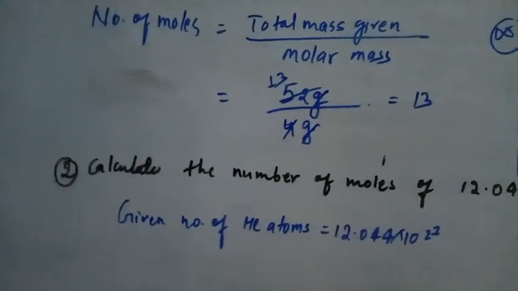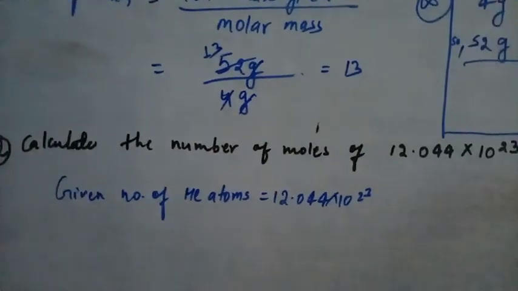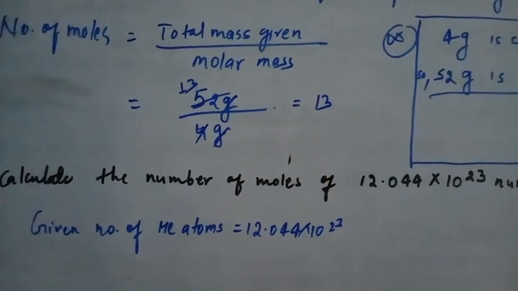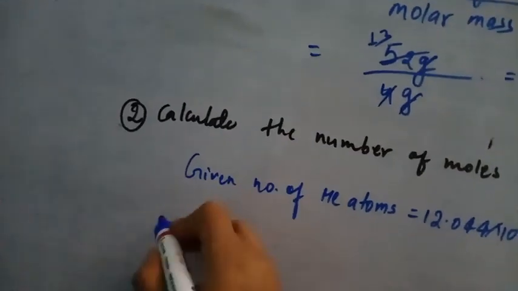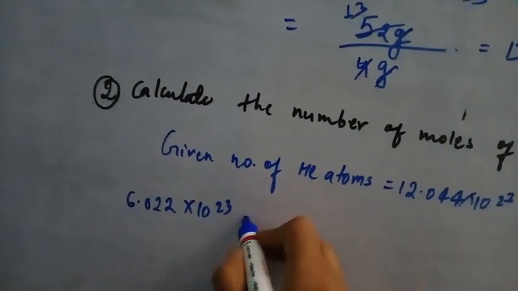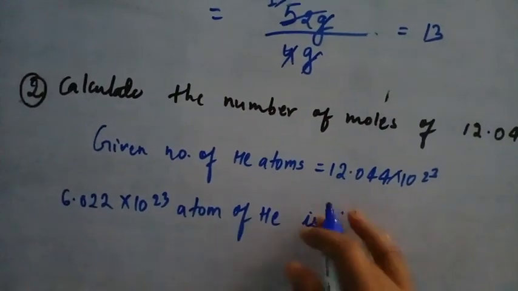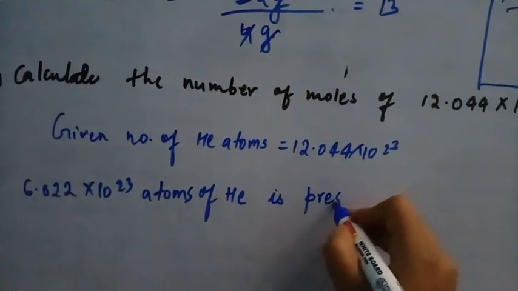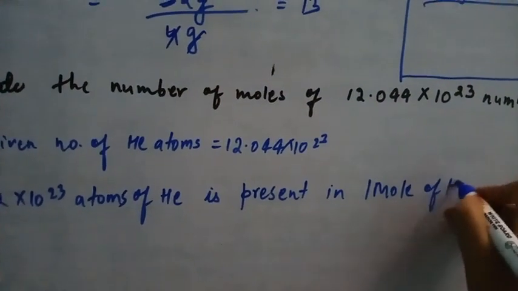You can solve this problem by two methods. First, you know that 1 mole of helium atoms contains the Avogadro number of atoms. So we can write in another way that 6.022 into 10 to power 23 atoms of helium is present in 1 mole of helium.